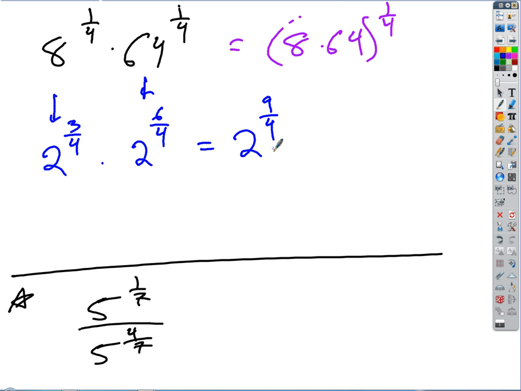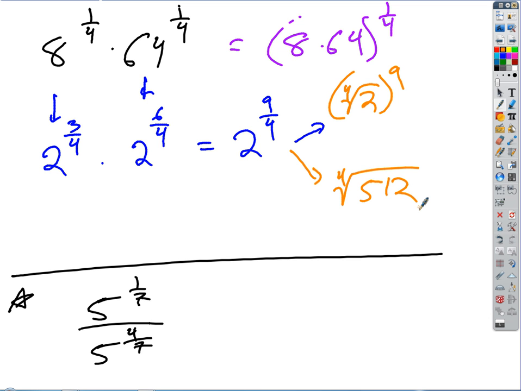If I wanted to write that as a radical, I could write it as the 4th root of 2 to the 9th, or I could write it as 2 squared times the 4th root of 2. So I could write it either way. Doesn't matter. Either one of those would be okay, but if you're writing it as a rational exponent, that's how you do it. Okay?